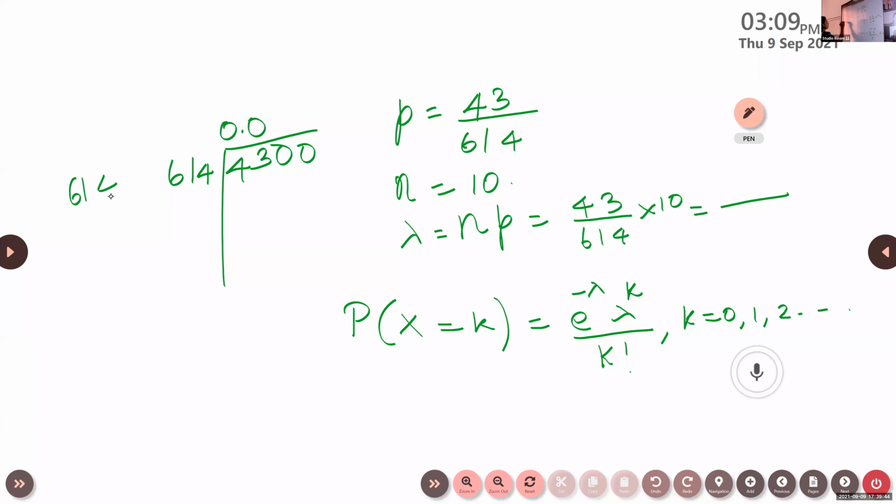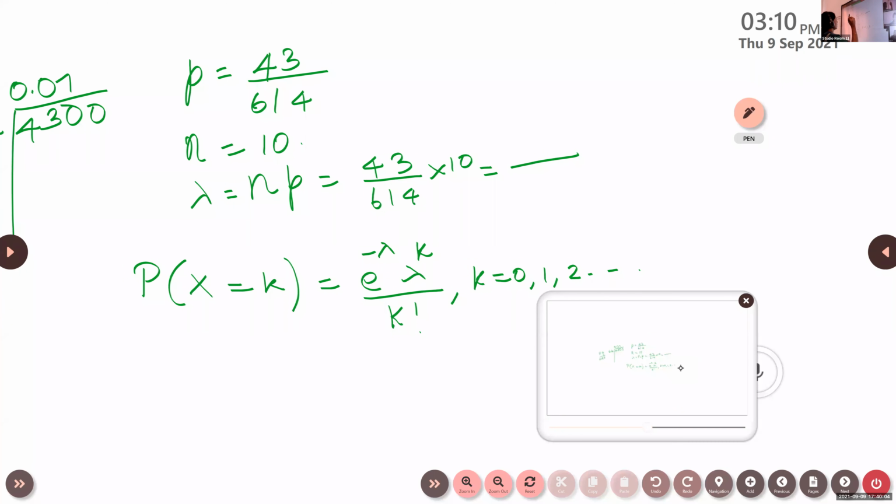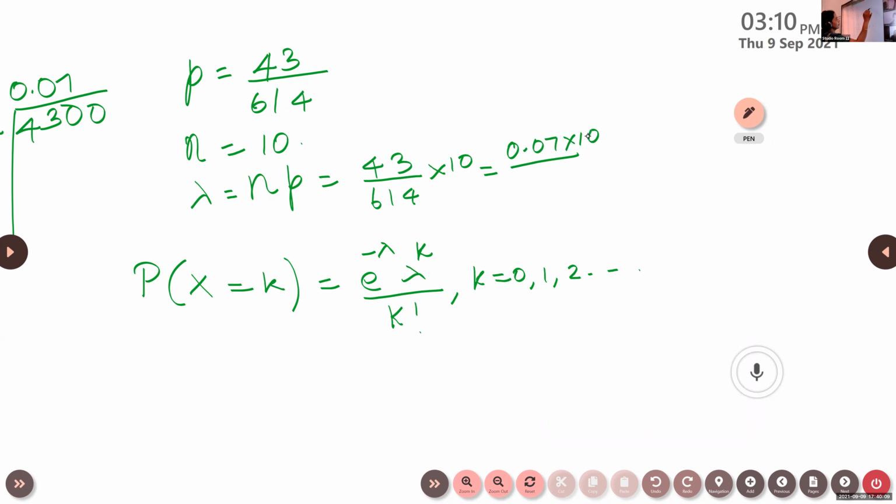So what is 614 into 7? 7 4s are 28, 2, 9, 4, 2, isn't it? So this is enough. Only this much place is enough. After the decimal, if you get one non-zero value, you can stop. 0.07. So don't go on dividing. After that, one place is enough. So 0.07 into 10 will be 0.7.